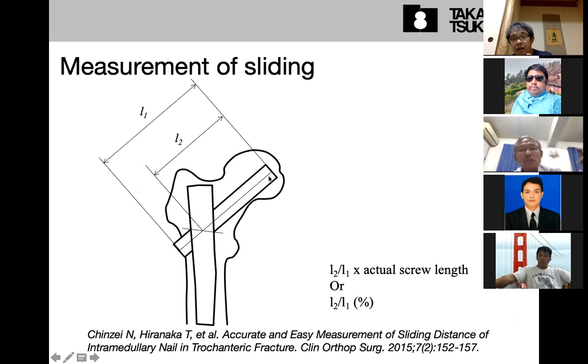So even if this femur is slightly anteriorly rotated, this ratio never changes. So we can easily and accurately calculate.